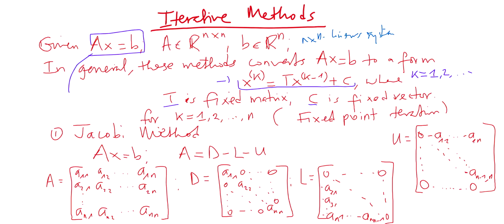If you take your n by n linear system of equations and your A, an n by n matrix, you write A in three parts: D, which means nothing else but the diagonal, an L, which is a lower triangular matrix, and a U, which is an upper triangular matrix.